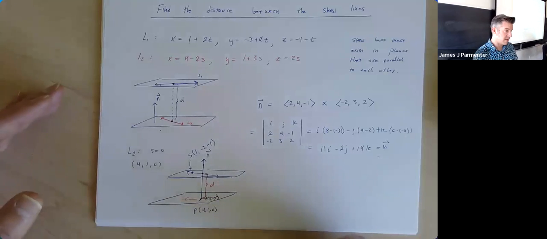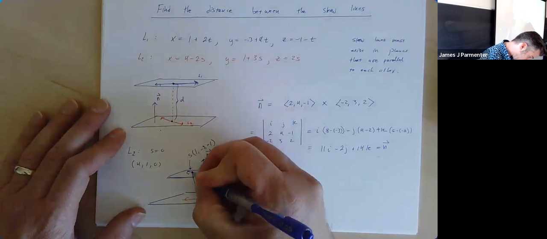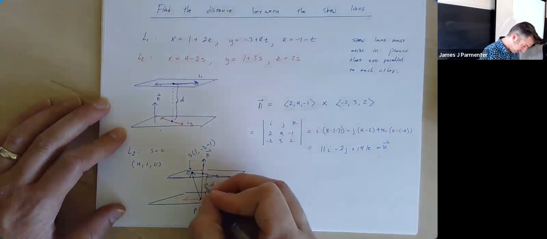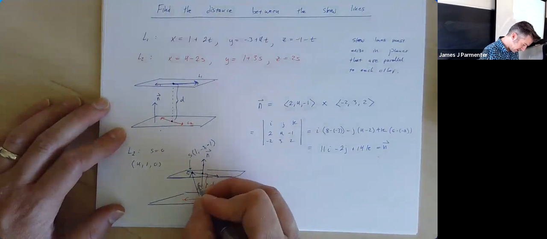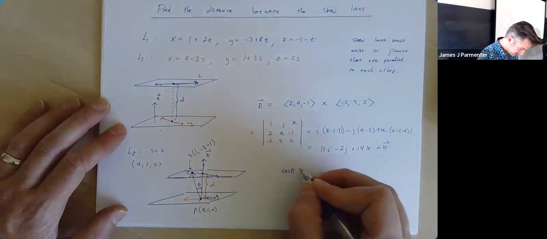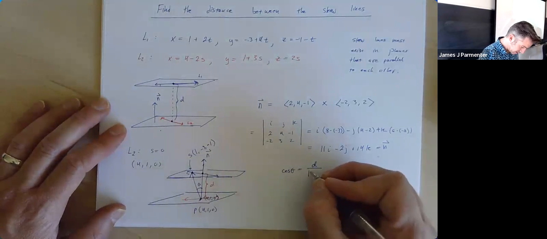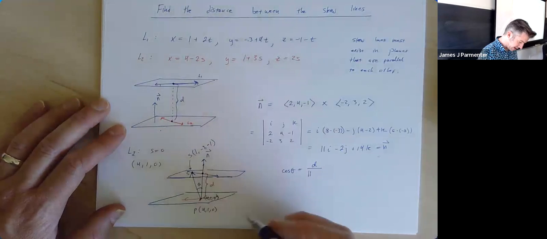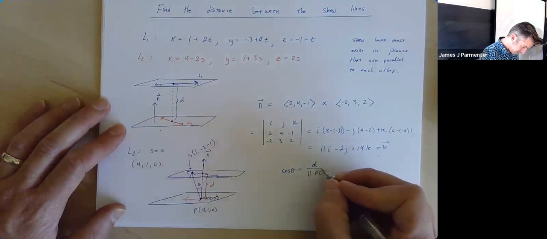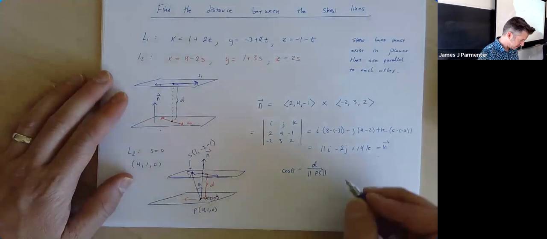So it's the same kind of idea as before, right? We've got this. We're trying to find that distance. We have this angle here, and it's the same idea. We can say that cosine of theta is equal to the distance we're trying to find divided by the magnitude of the vector from P to S. And then we multiply both sides by the same thing.